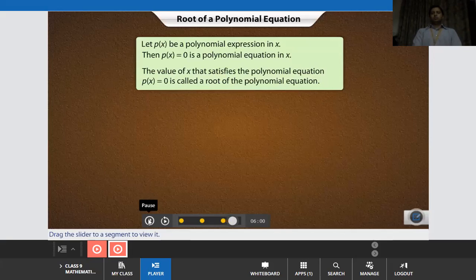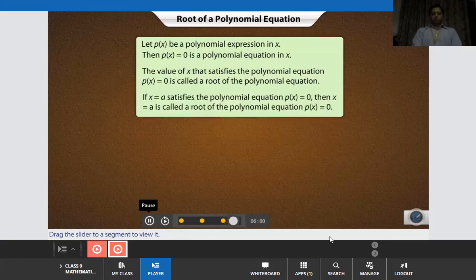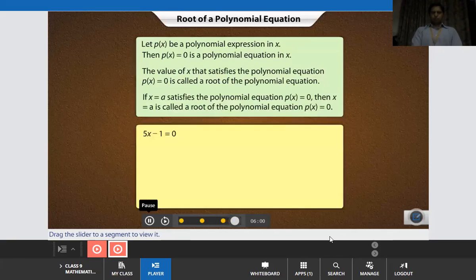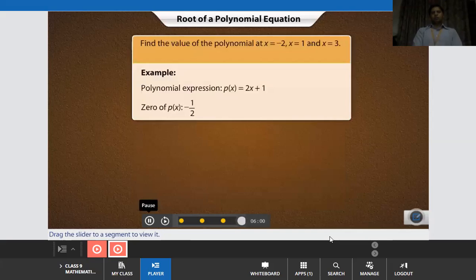This will help you understand this better. Let's consider this polynomial equation. This equation is satisfied when x is equal to 1 upon 5. So x equals 1 upon 5 is a root of this polynomial equation.